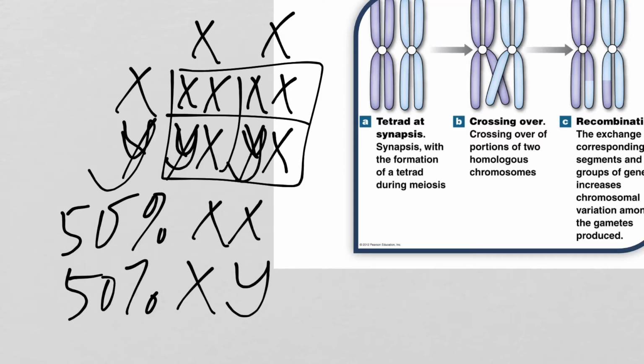And if the body, for any reason, does not make testosterone, or makes testosterone fine but doesn't have testosterone receptors on the cells, or the receptors don't work right, then the baby can be genetically XY male, but physically completely appearing female. And so this is one of the many situations that are called intersex.